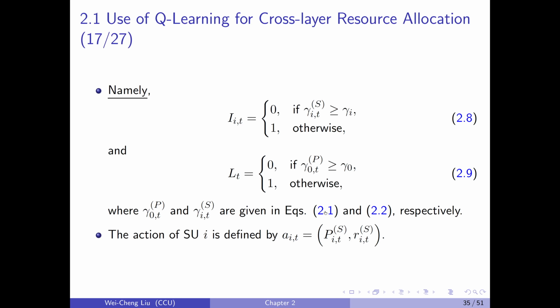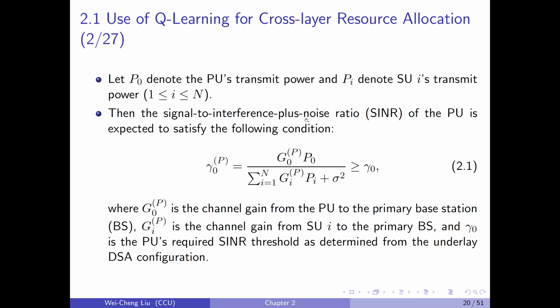Let us go to equation 2.1. This is the signal to interference plus noise ratio (SINR) of the primary user, which is expected to satisfy the following condition. gamma_0^p can be computed using this equation, and it must be greater than or equal to gamma_0. And gamma_0 is the primary user's required SINR threshold as determined from the underlay DSA.